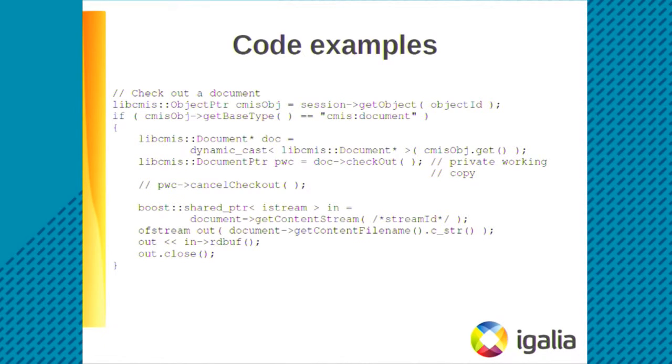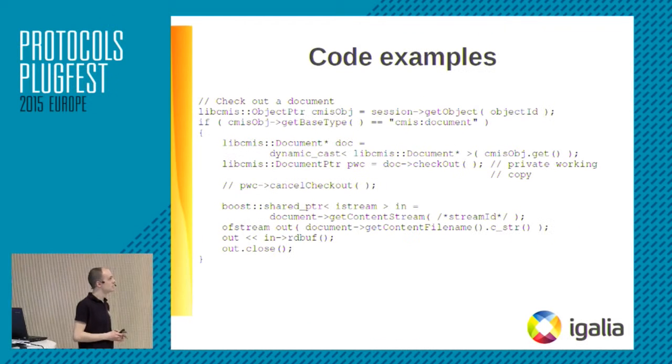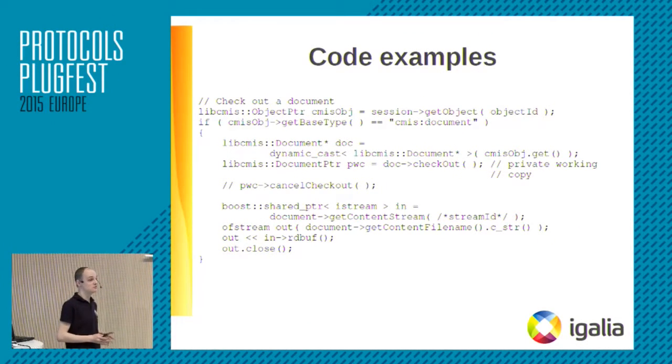But you still have to get the contents from the server, and for that you can use the get content stream method in the document. That will return you a standard input stream from C++. There's an optional parameter, as you can see, it's the stream ID. Some CMIS servers might expose several stream IDs for one object.